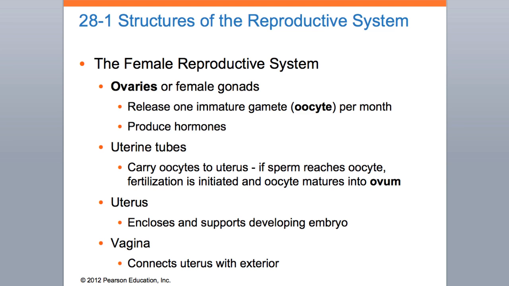Now, one of the things you need to understand is that the female reproductive is far more complex than the male. The reason why that's important to appreciate is that the female reproductive is the one that's going to lead into the developmental chapter of chapter 29.